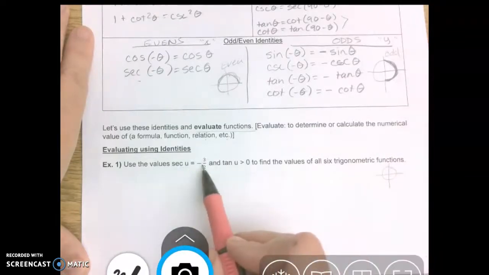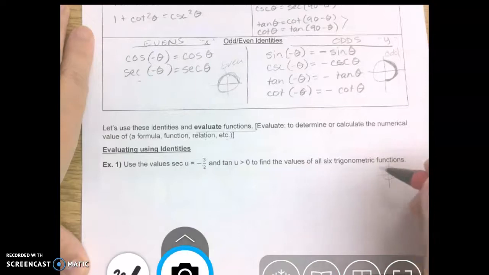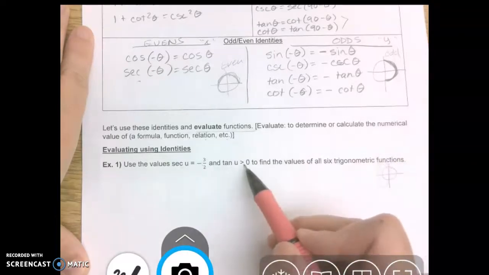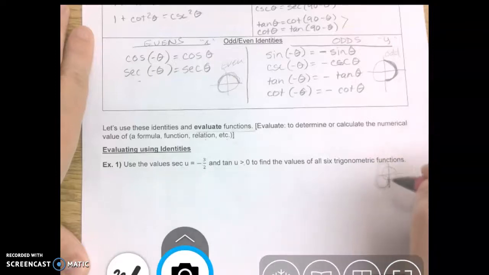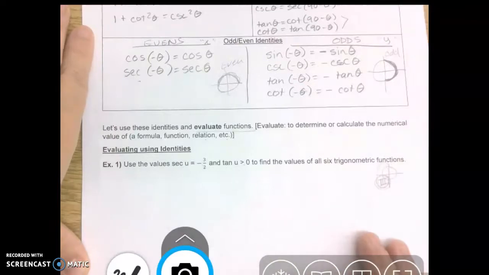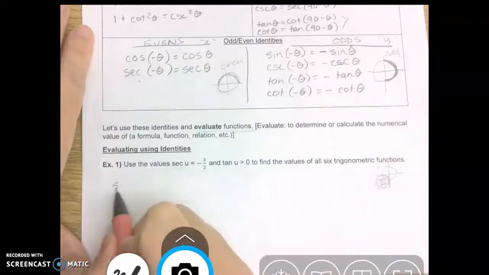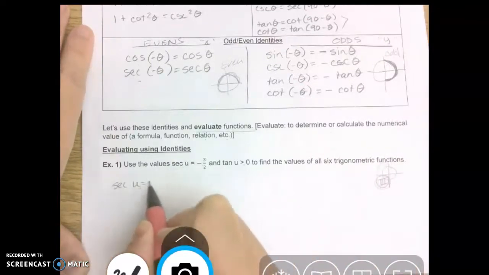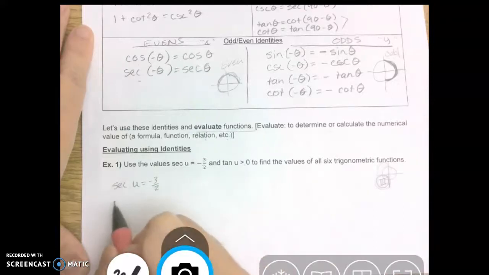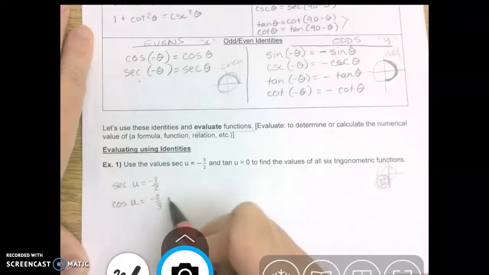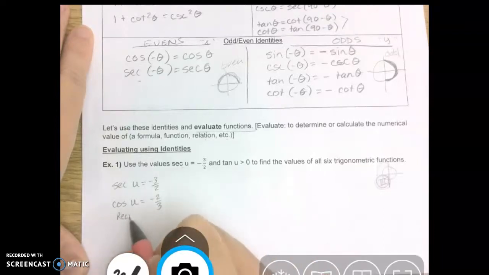Secant is negative, so that means cosine is negative, so that has to be in one of these two quadrants, and tangent is positive, so that means it has to be in quadrant 3. Okay, so I can use those clues. If the secant of u is -3/2, then the cosine of u is -2/3, and that's using a reciprocal identity.